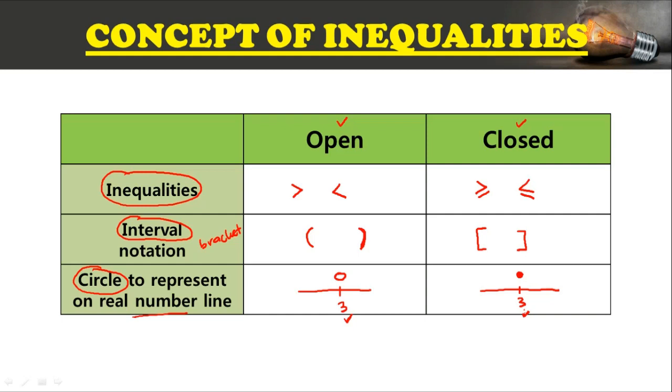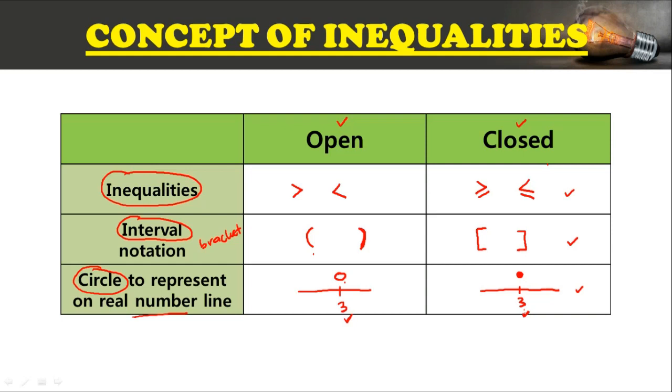Bila open, greater than, less than, bracket dia bracket biasa, and the circle is empty circle. But for close, dia akan jadi greater than equal to, less than equal to. Dia punya bracket mesti square bracket, and dia punya circle should be dense circle.